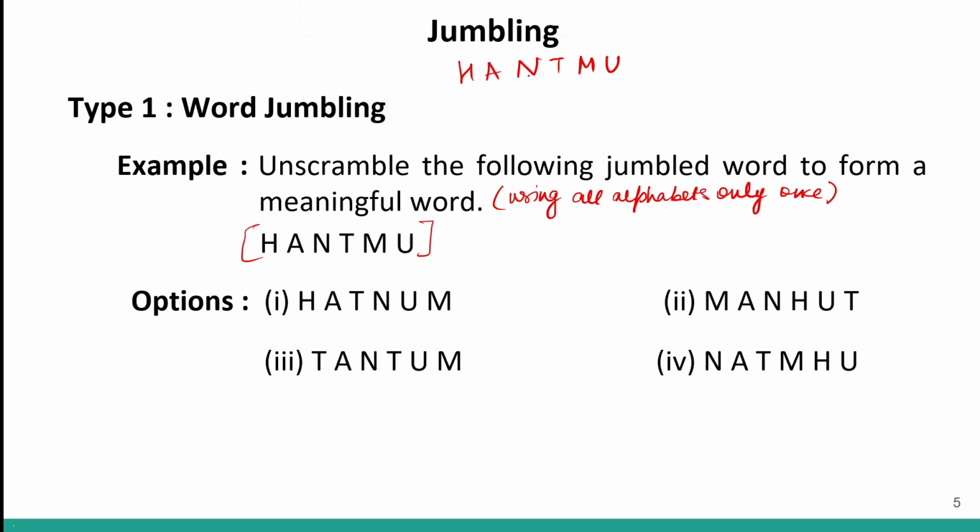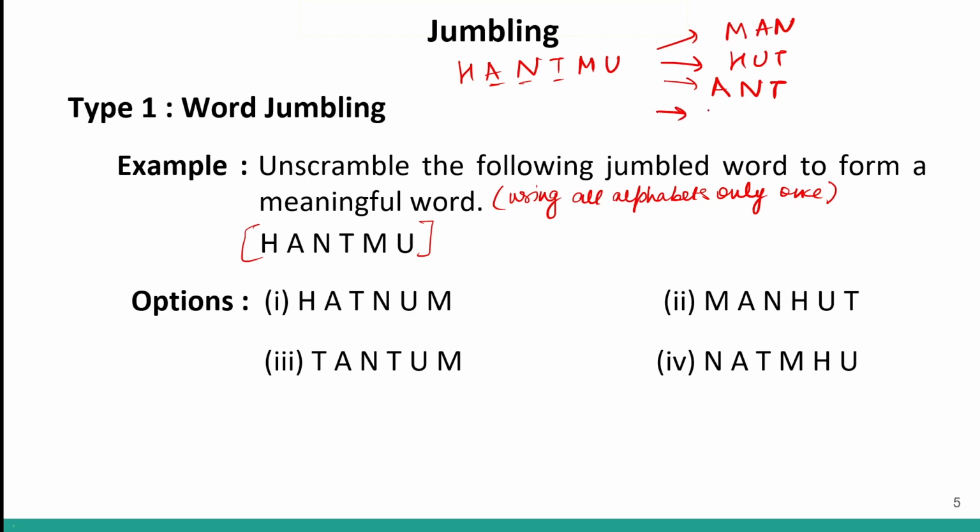This is scrambled up. If I look at this word, I can form a word man, correct? If I use this alphabet and this alphabet, I can create man. Similarly, if I use H, U, and T, I can create a word hut. If I use the letters A and T, then I can form ant.